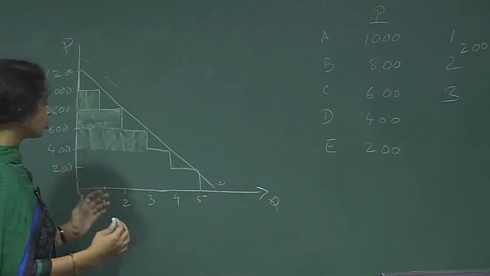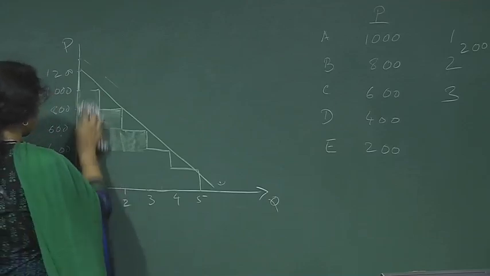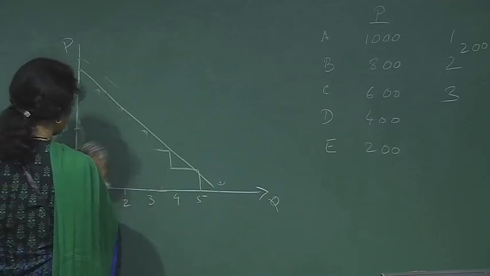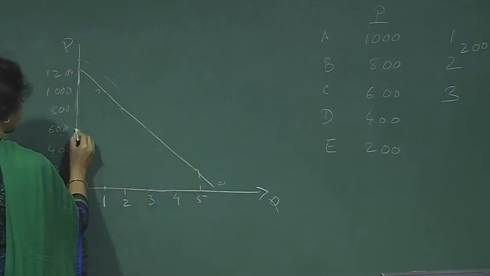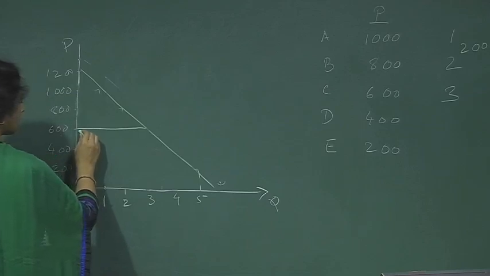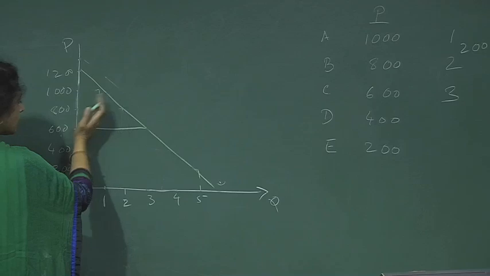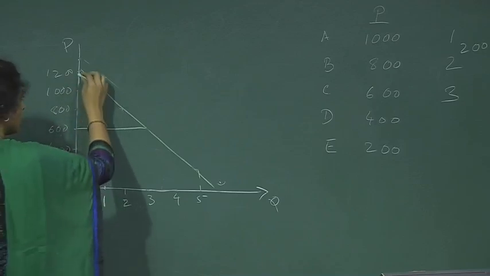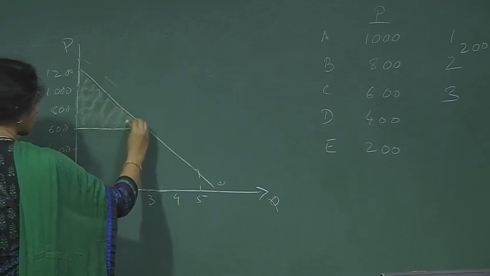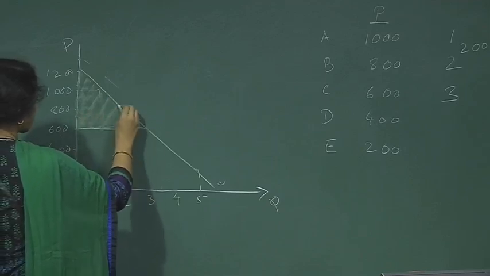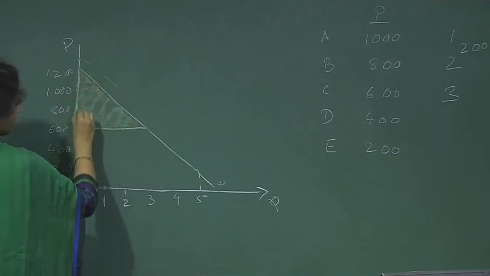So, if it is a smooth demand curve with a lot of people, it is easy to imagine that if the price is 600, all the people who are buying the t-shirt and who had willingness to pay more than 600, they all have entered the market and they all are going to buy the t-shirt for 600 rupees, and together they are going to get a surplus equal to this area of the triangle.